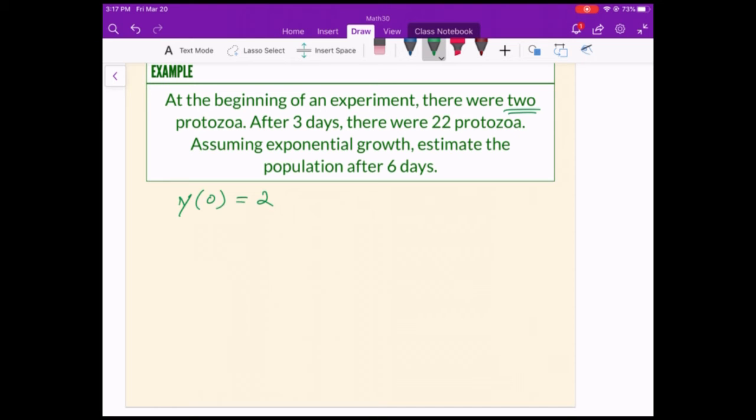All right. Then after 3 days, so now we know y of 3 equals 22. But before I write that, what we've got is that the equation tells us this should be y of 0 times e to the kt. But of course t in this case is 3.